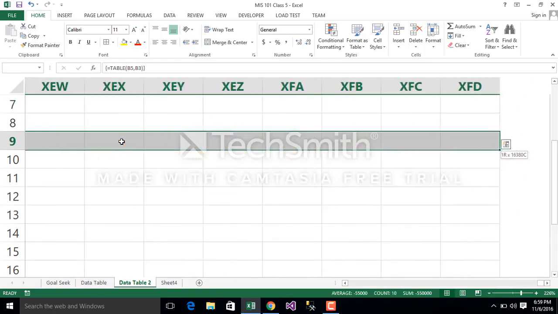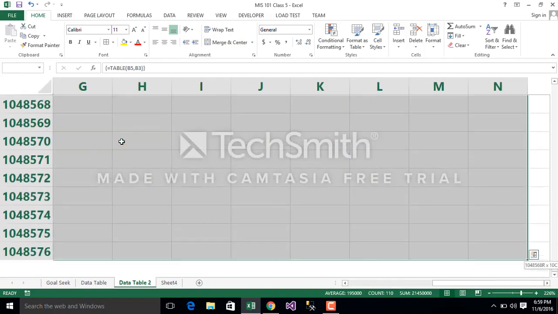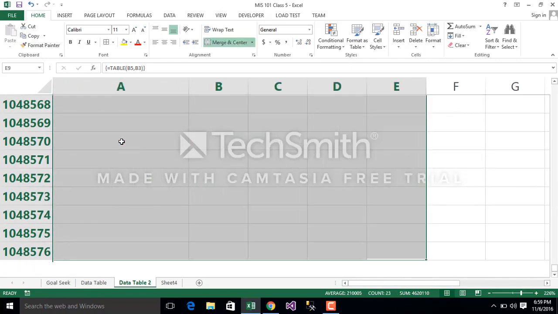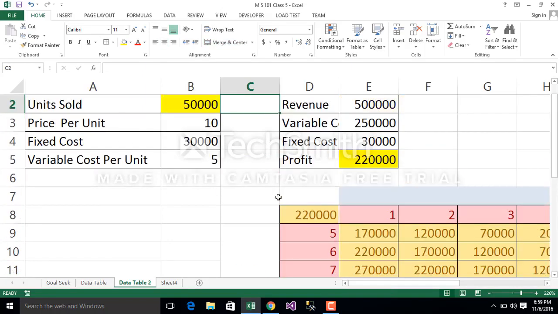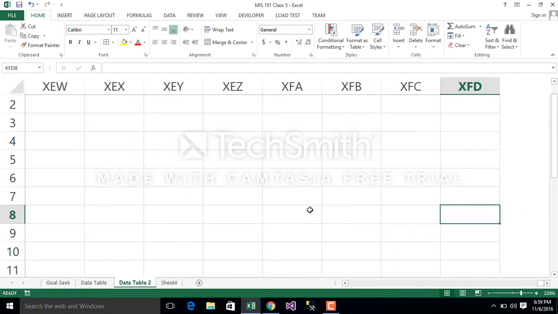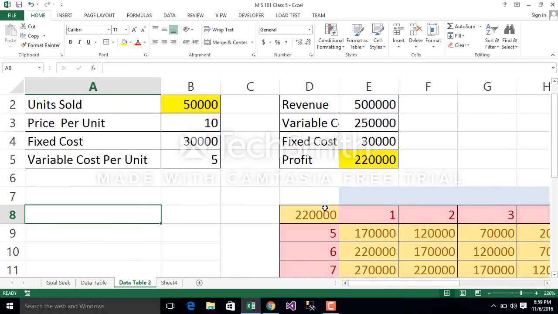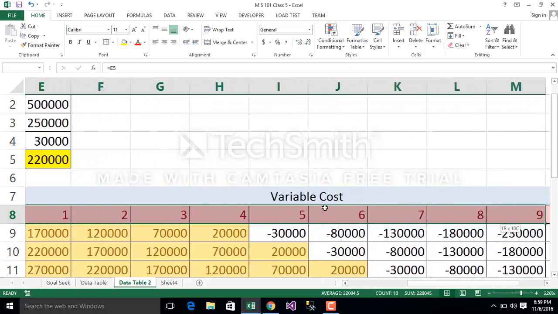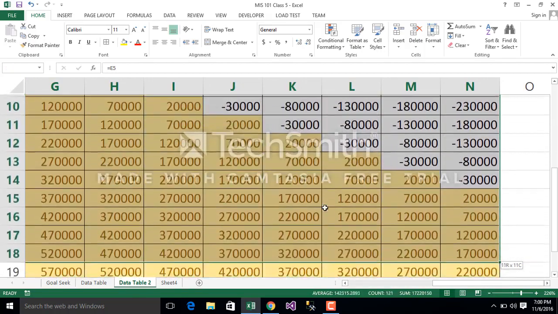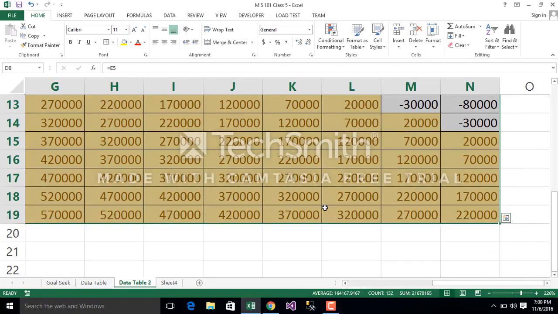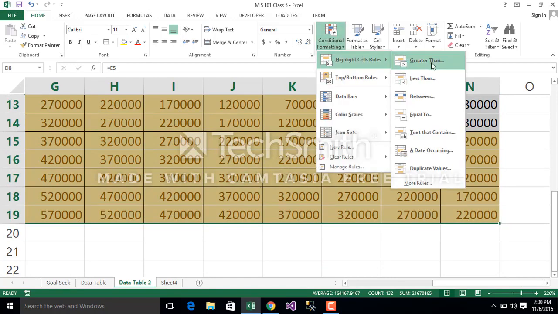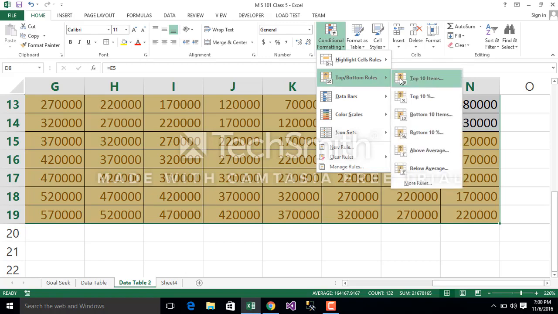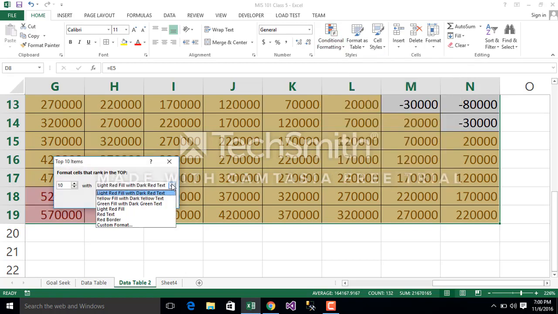Another thing you can do is select conditional formatting, then top 10 items.